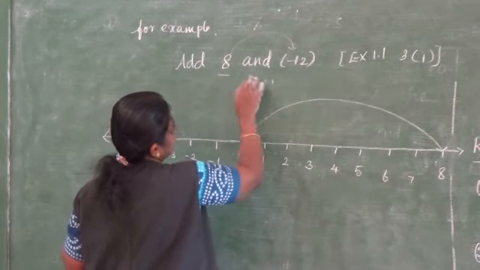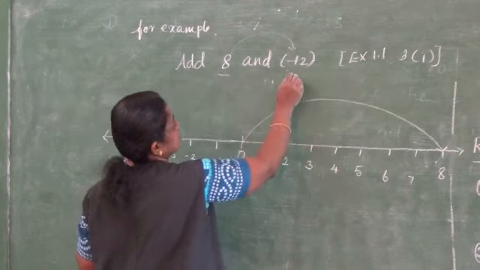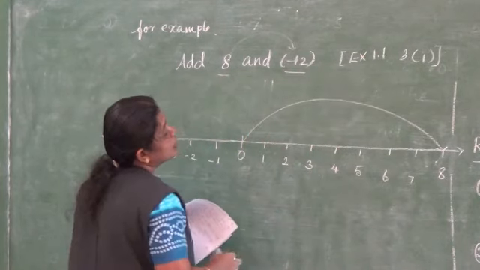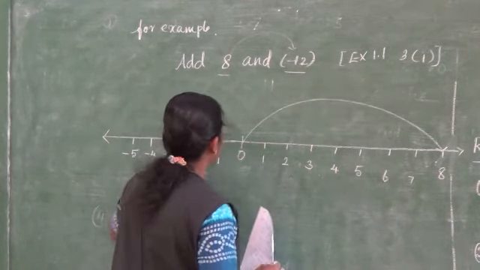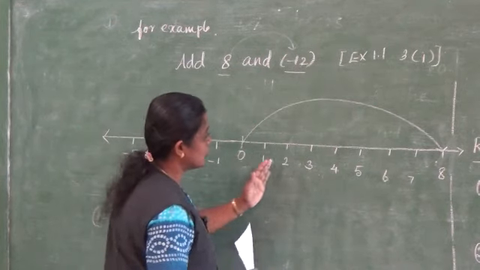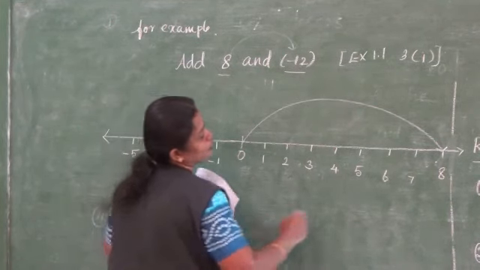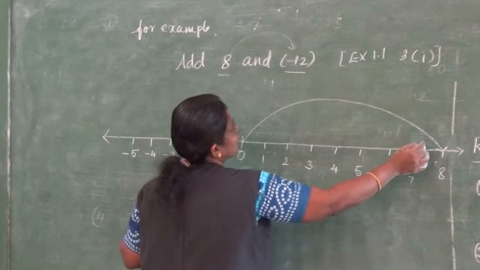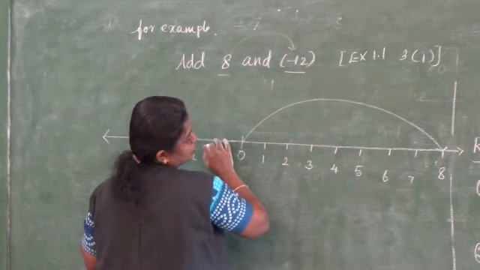Now, you have to add 8 to minus 12. This is a negative number. Whenever you are marking the negative number on the number line, have to move left of that number. So, from 8 move 12 units to the left.